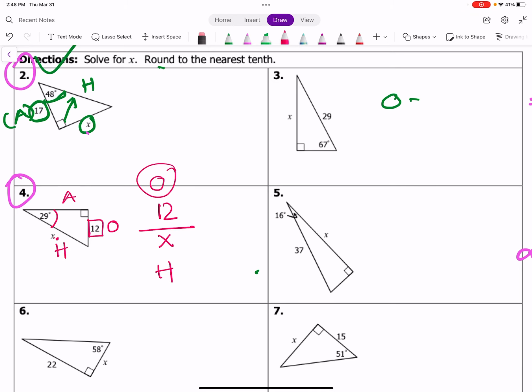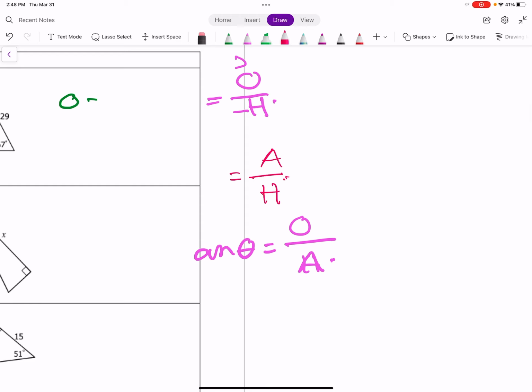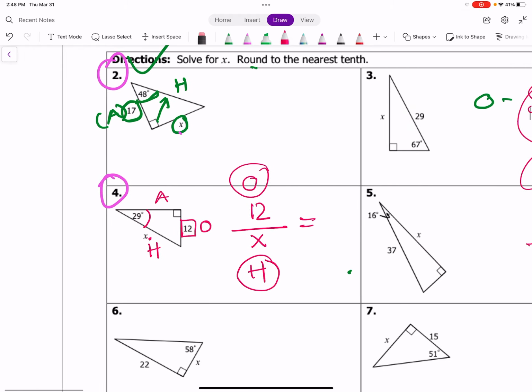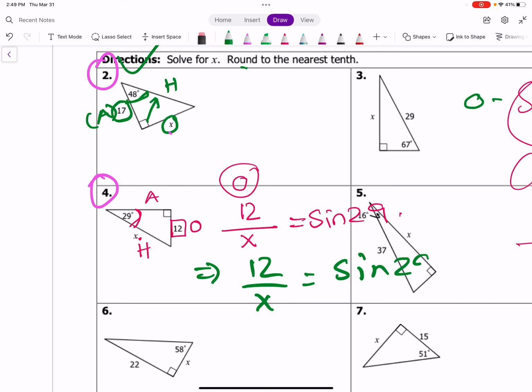So the opposite versus hypotenuse relationship is sine theta. So sine of the angle theta, 29. Now that's a simple algebraic process. Sine 29.